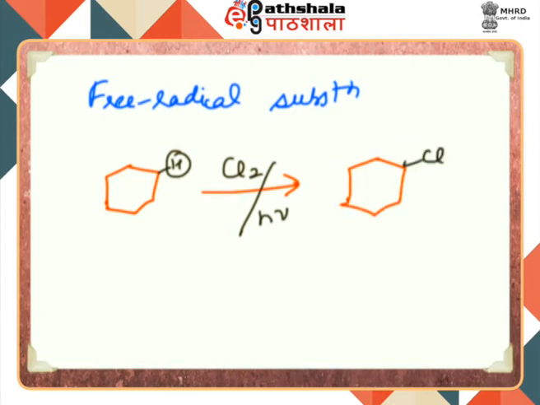And because here the chlorine attacks as a free radical, in the presence of sunlight there will be formation of Cl dot, which is chlorine free radical, and that is the first attacking species, and in turn hydrogen gets replaced by chlorine. So this is a free radical substitution reaction.